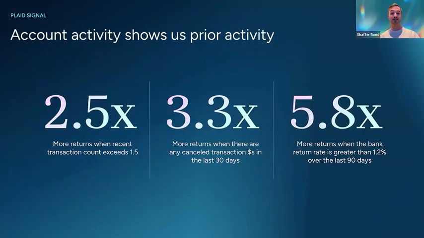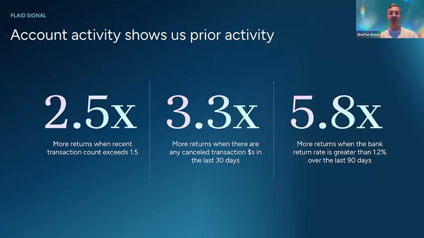Next, on the account activity side, there are some very specific features that are really important when we look at the predictive weight here: transaction velocity, canceled transactions, and historical return rates. A few examples here. In some cases, we've observed 2.5 times more returns when the recent transaction count exceeds 1 in the past 30 minutes, especially.